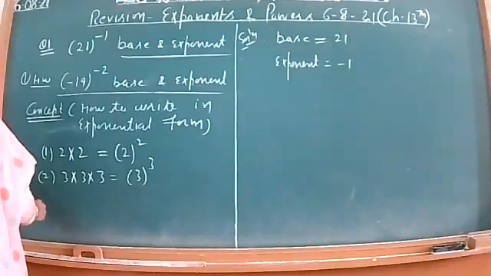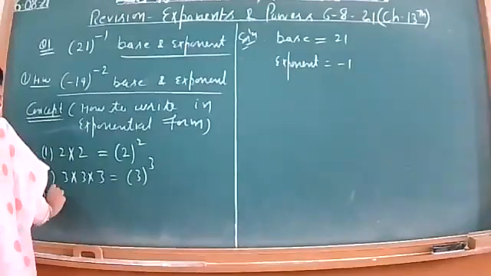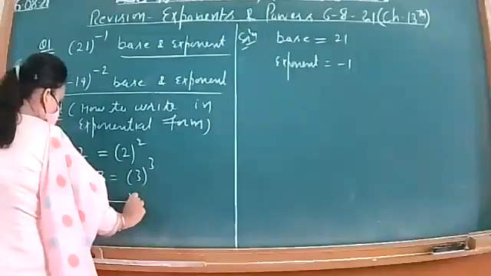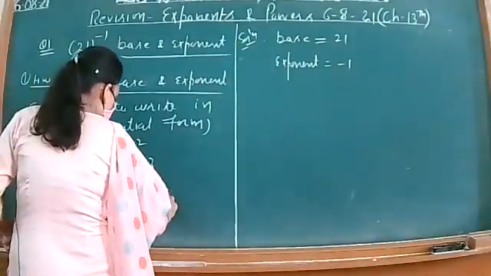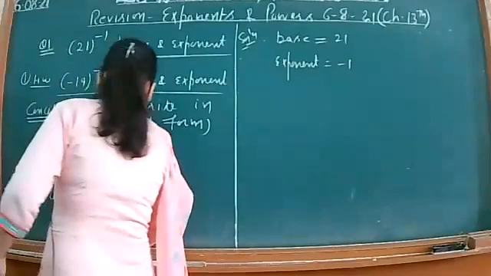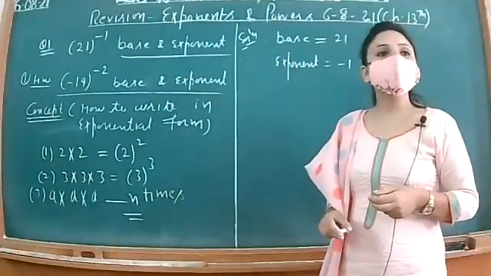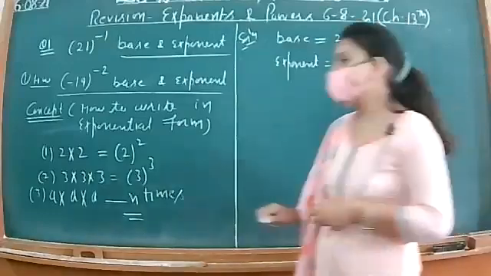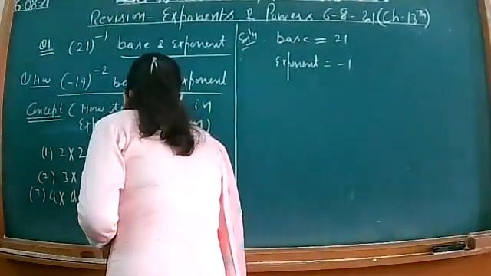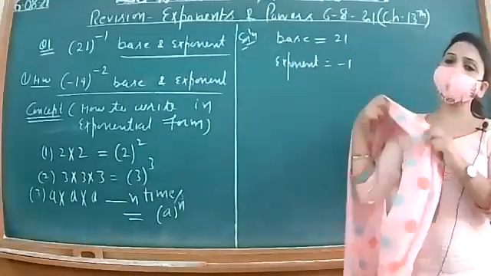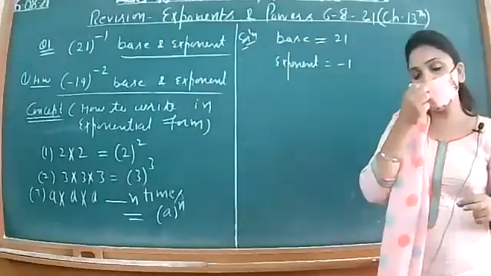Then third is a into a up to n times. How will you write it? a into a, and a raised to power? Shabash. This is equal to a raised to power n. This is how we will express a number in the exponential form.